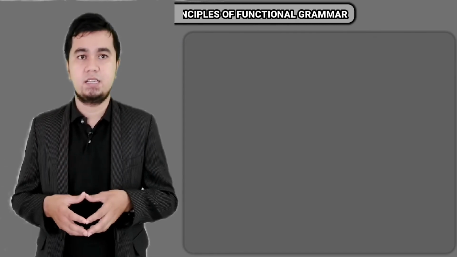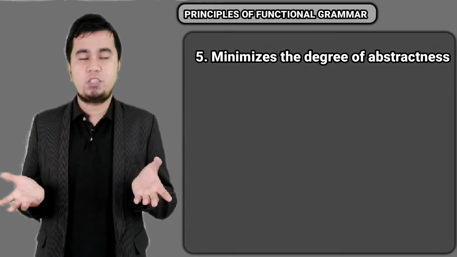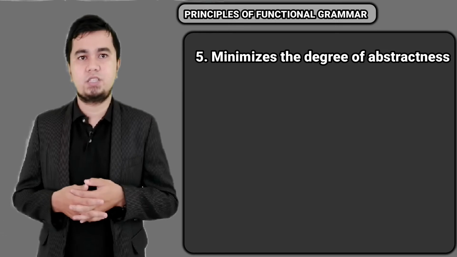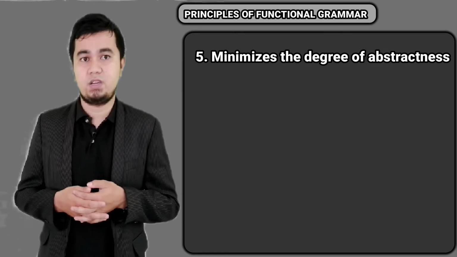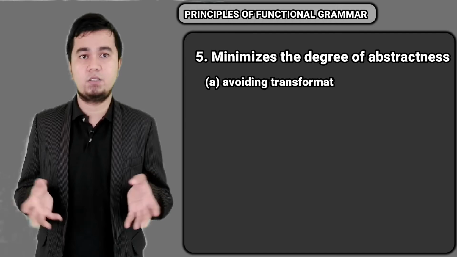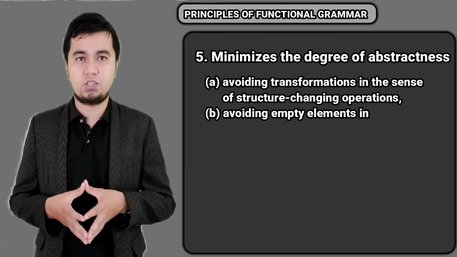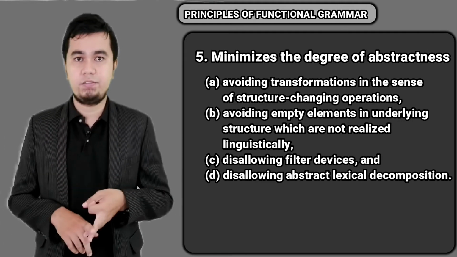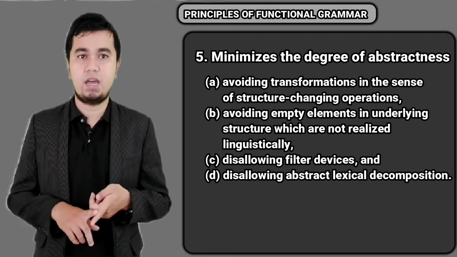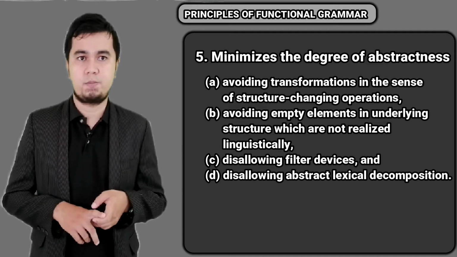And finally, functional grammar has a degree of abstractness of linguistic analysis, because it is carried out by avoiding transformations, avoiding empty elements, disallowing filter devices, and disallowing abstract lexical decomposition.